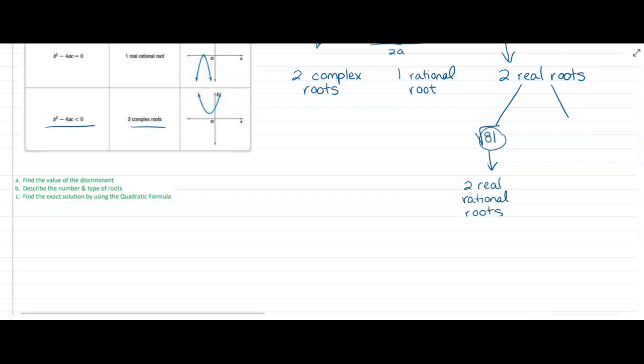The way you can remember that, radical 81 is a rational number. It's just 9. Other times the number under the radical, like maybe 83, is an irrational number. So we would end up with two real irrational roots.